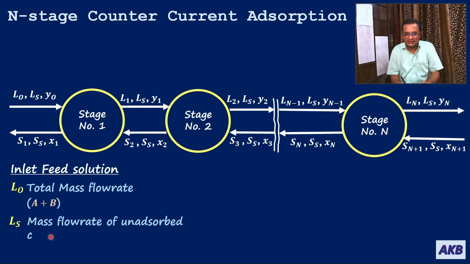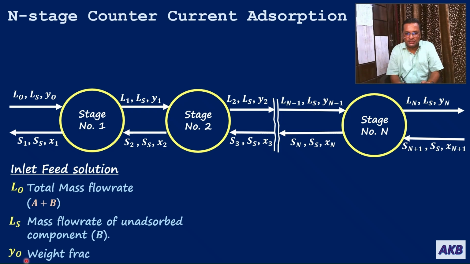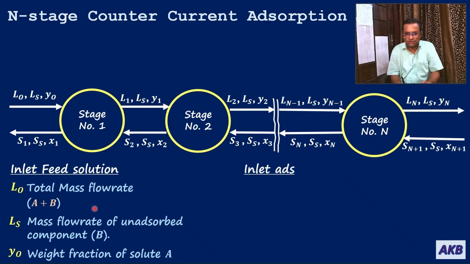Then LS is the mass flow rate of the unadsorbed component. And which is the unadsorbed component in our discussion? It is component B. Then Y0 is nothing but weight fraction of solute A in the inlet feed solution.